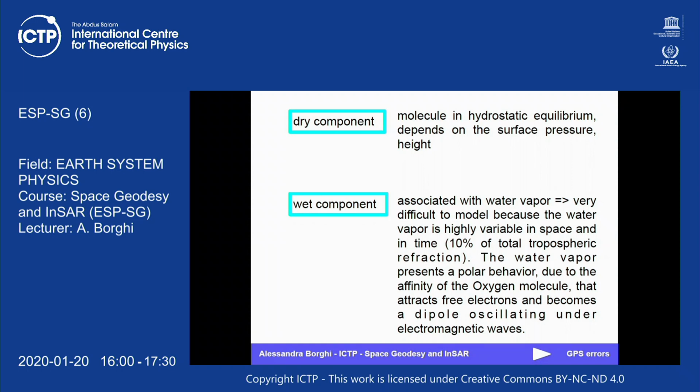So we can model this component, but the very important component of the tropospheric error is the wet component, because the wet component is associated to the water vapor, and the water vapor is a very variable quantity in terms of space and time.